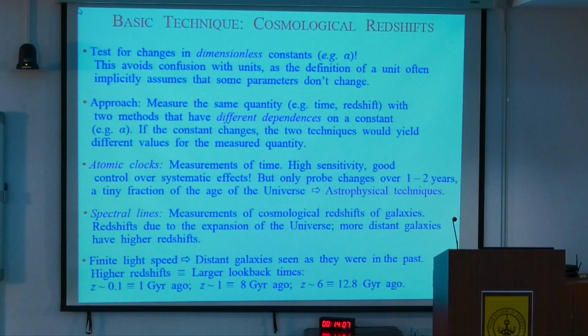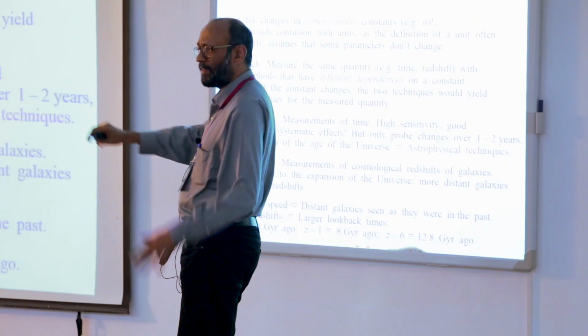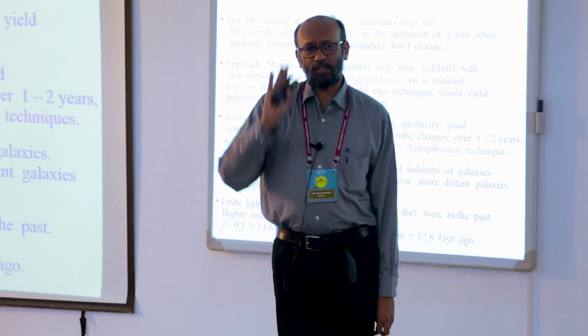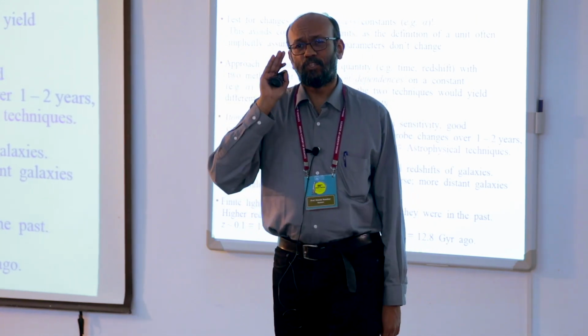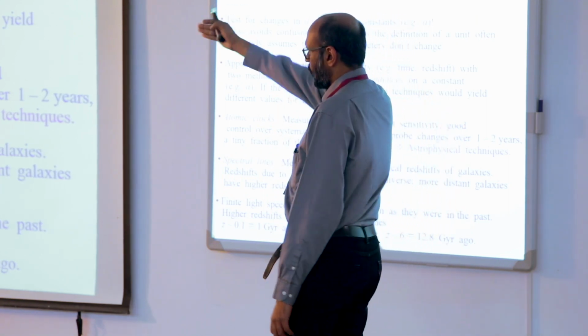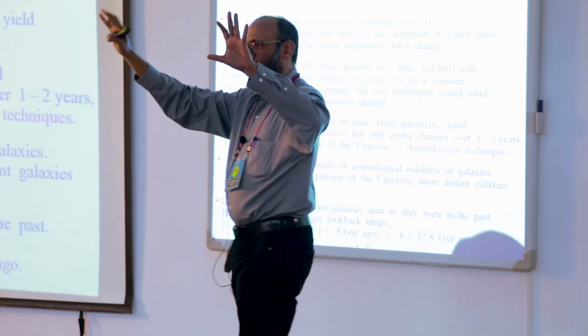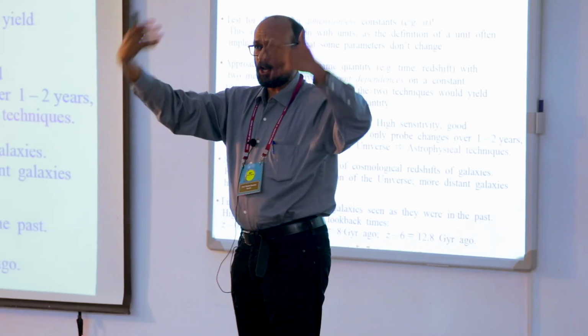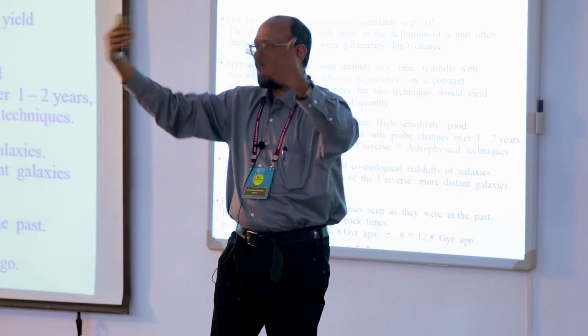The approach is fairly simple. You measure a single quantity, which could be, for example, time or redshift, some observable, some measurable, with two methods. The crucial thing is that the two methods should have different dependencies on the constant in question. So for example, two clocks of different materials, where the transition on which the clock is based has different dependencies on alpha.